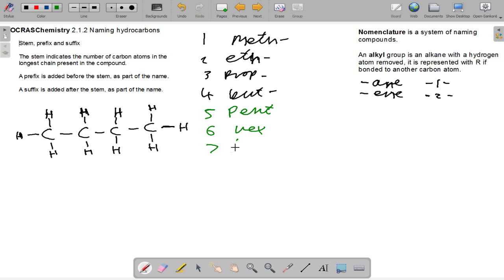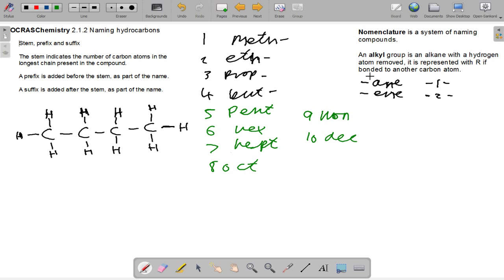These are all the Roman prefixes. And 8 is oct, 9 is non, and 10 is dec.